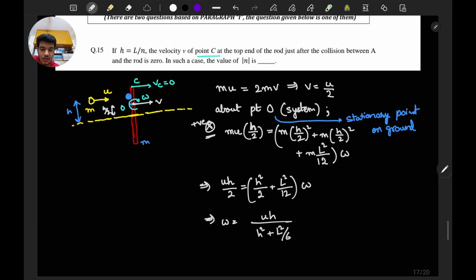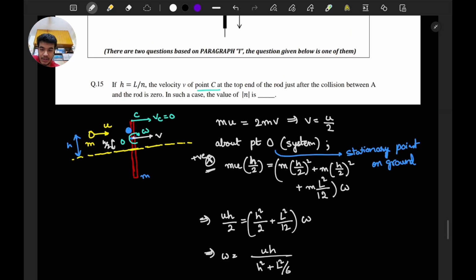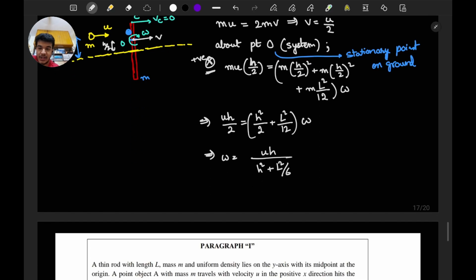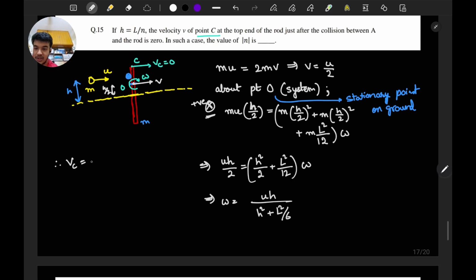All right. Now, what do I need to find? I need to find VC. So if I write the expression of VC, it would be V plus, sorry, not L omega. This length is what? This is h by 2.